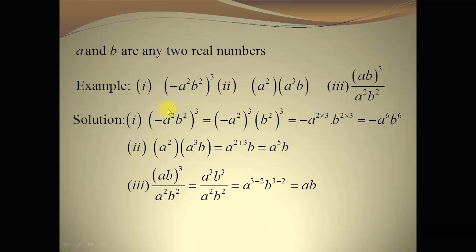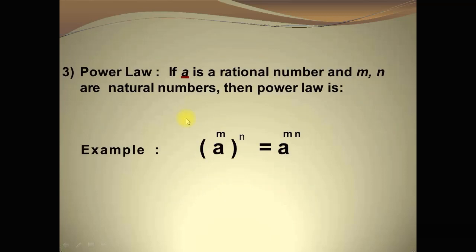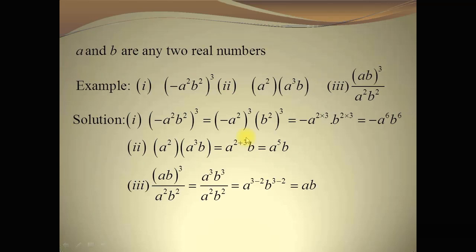For the solution of part number 1: minus a power 2 b power 2 whole power 3. How do we simplify this expression? Using the power law, which we discussed in the previous slide, we multiply the powers.